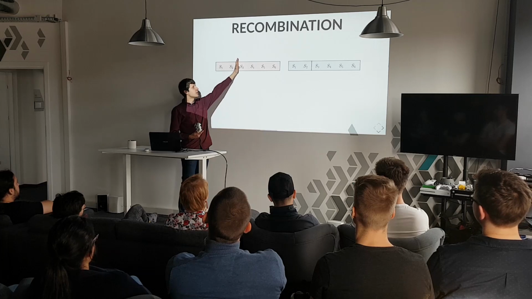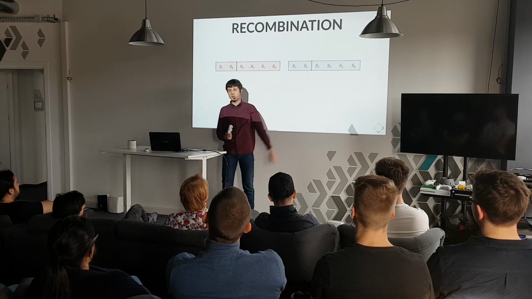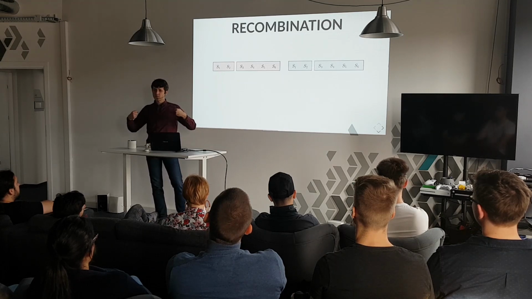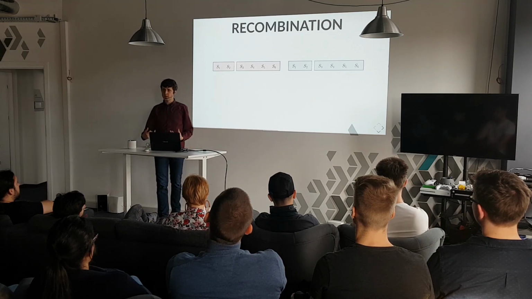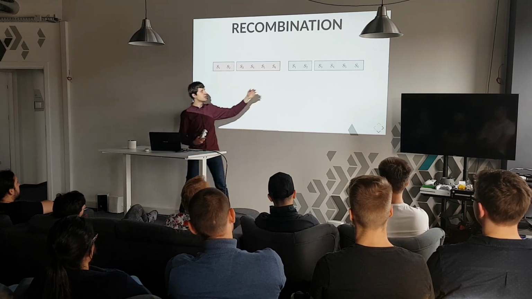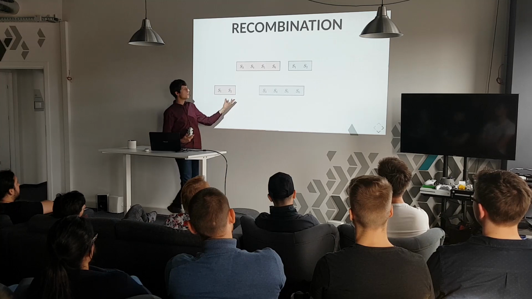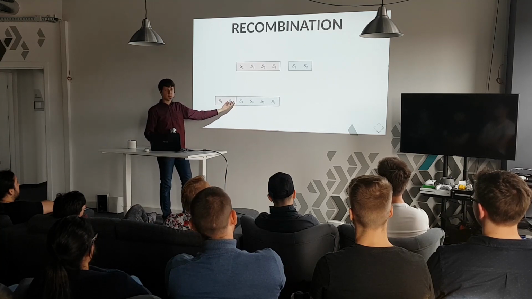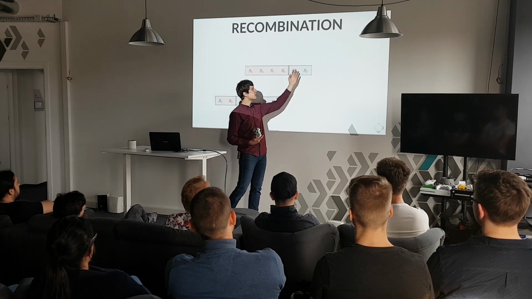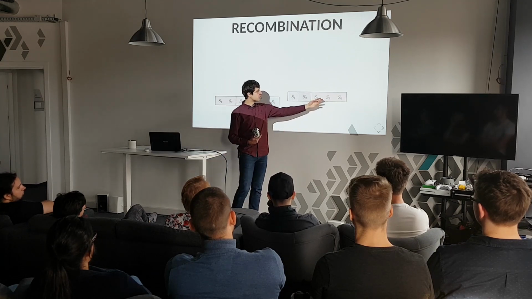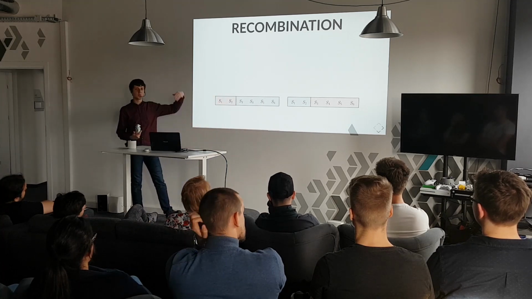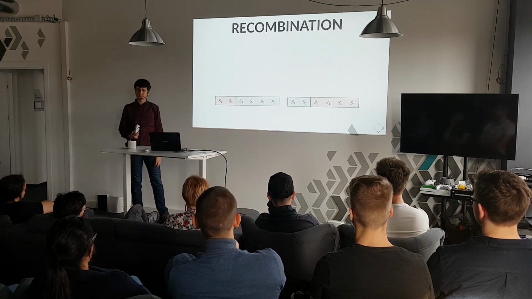Let's say we'll split it here. We make the same split in both genomes. Then we tear them apart, and then we are recombining. So what we are doing is we are taking the head from the mother and the tail from the father. We are combining them and thus getting a first child solution. With the rest, we apply the same process. We take the head from the father, the tail from the mother, and we have created 2 child solutions that are a recombination of the parent solutions.